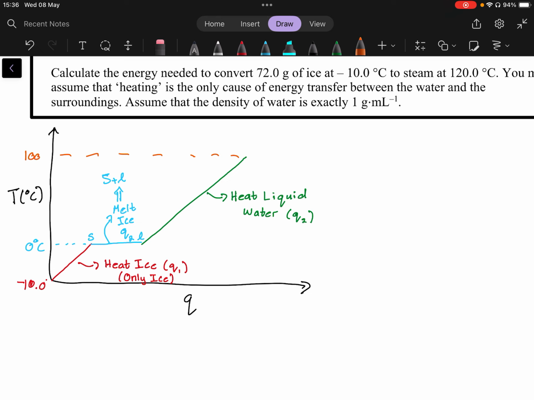So this is 100 degrees, 100.0. At that point, we'll see another phase change. And this time the phase change is from liquid to gas. So we have a phase change where we want to vaporize the water.